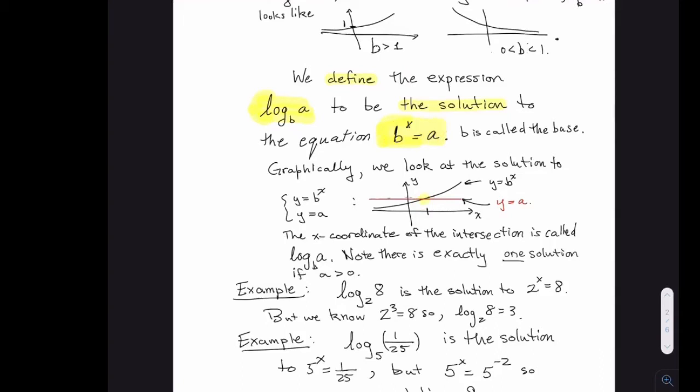We know that that exists as long as a is bigger than 0. And we know that there is one solution. So this will be some definite number, provided a is bigger than 0, whether the base is greater than 1 or less than 1, provided the base is positive.